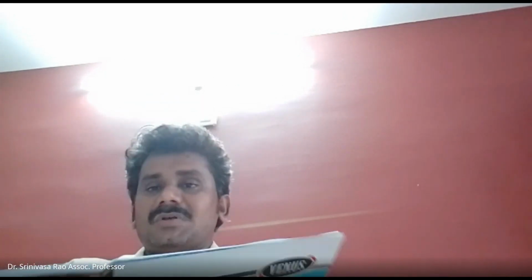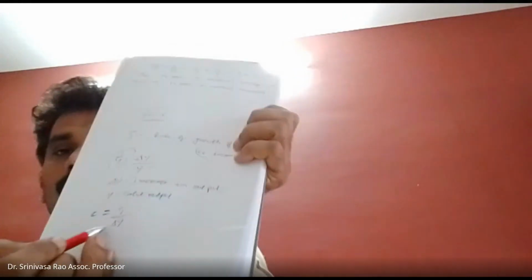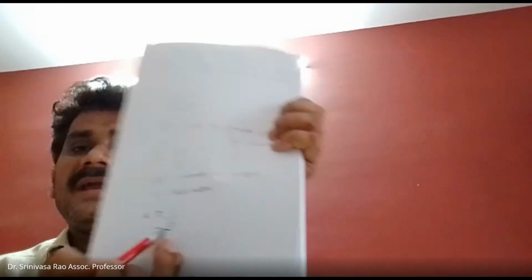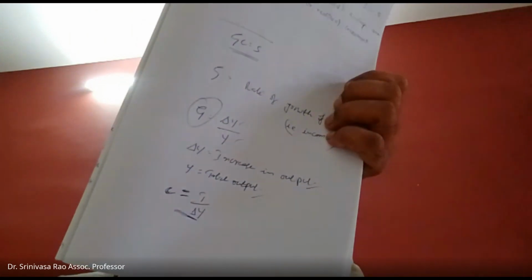So it can be written as, now C is equal to, it is the increase in capital during the period divided by the increase in output during that period. So that can be written as C is equal to I by delta Y. C is equal to I by delta Y. Note down what I represents.